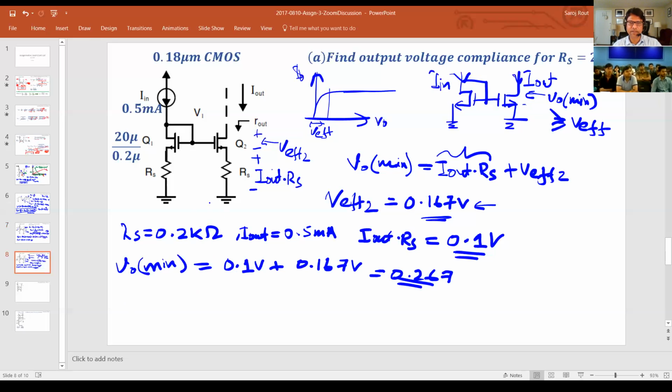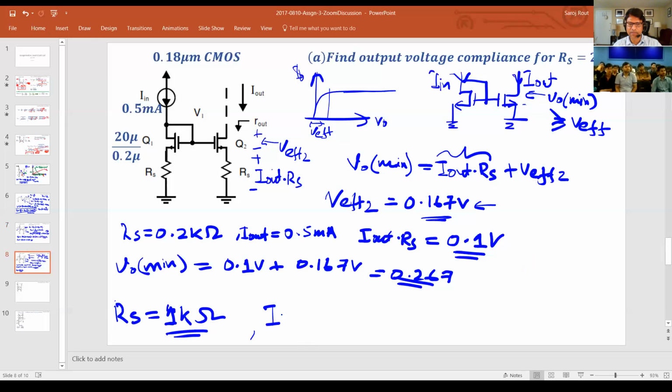And the other problem is, as you saw from the previous one, it only changed your output impedance by 2x. Well, 2x is large, but let's say I want even more, for example, 5 times more. So I need to make this RS equal to, let's say, 1 kilo ohm, right? So I'll get a higher output impedance, but the problem is the drop across that resistance.